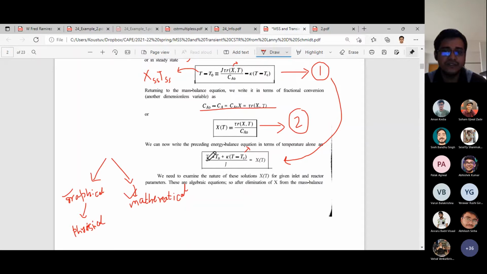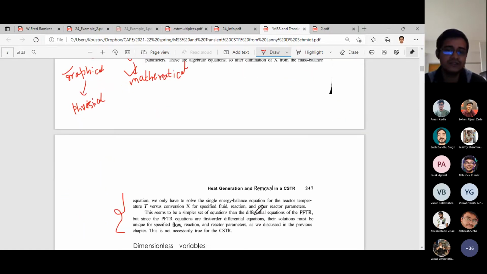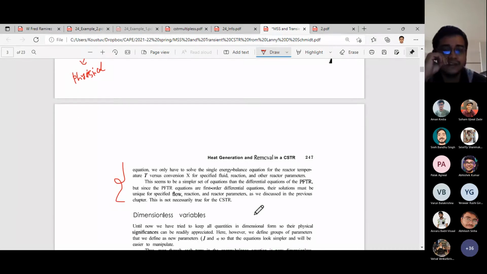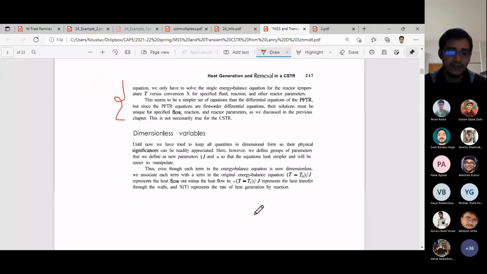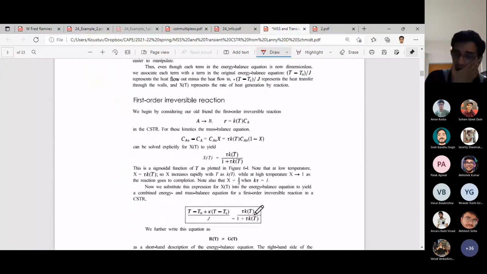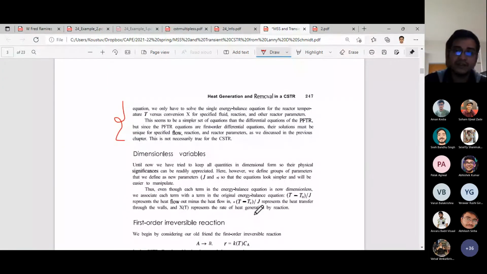So it is basically T versus X functions, but both the unknowns are T and X. So one approach is, of course, graphical: over a range of T, you can solve it for X. So what we will do here is take a graphical approach, see the physical picture, and then we will discuss the mathematical picture.